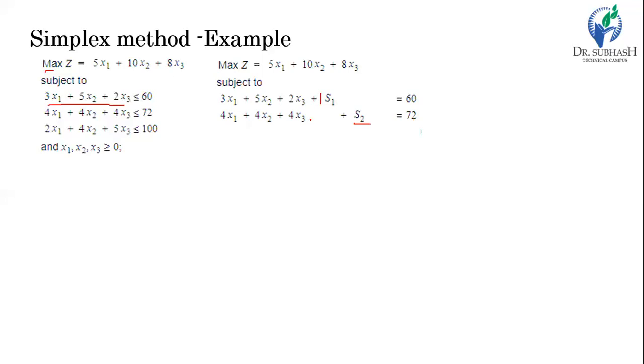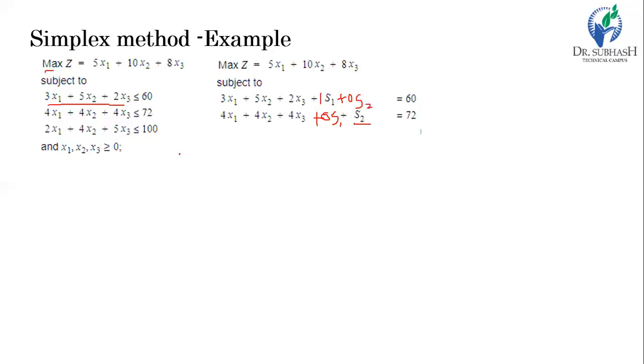But keep in mind that here s1 is not given, which does not mean s1 is not present. s1 is present with 0 coefficient, and in the first constraint also s2 is present with 0 coefficient.